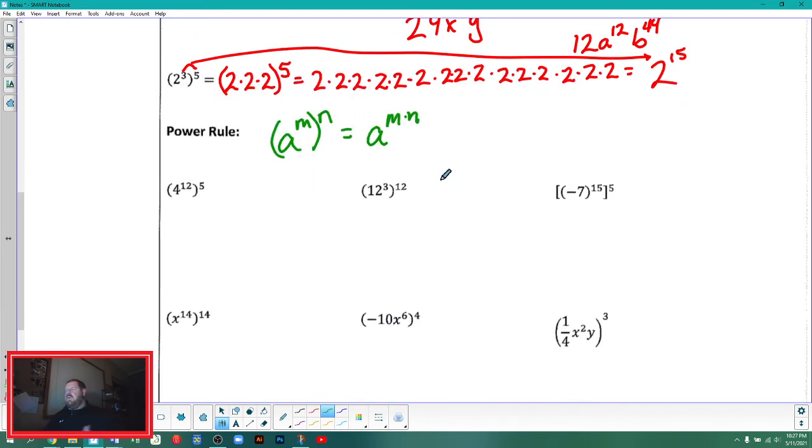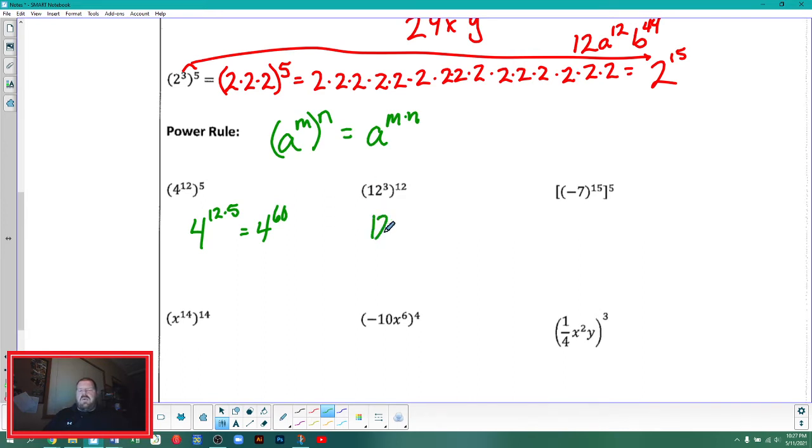So we can take care of all these problems that same way using a multiplication rule. We call it the power rule, but in the power rule, we use multiplication. This is going to turn into 4 to the 12 times 5th. Good thing I don't have to do that because that's 60 4's. 4 times itself 60 times. Yeah, I don't want to write that.